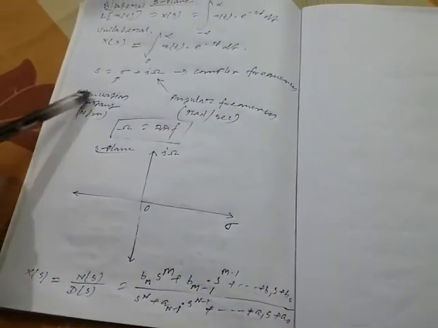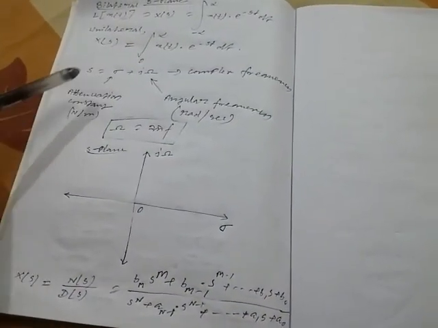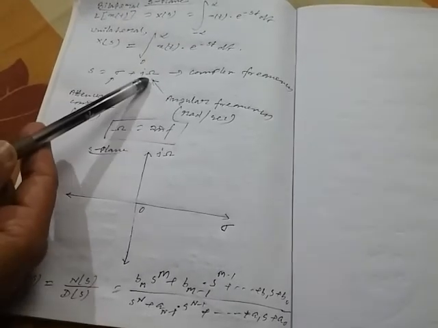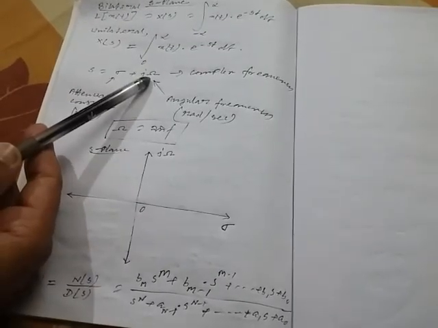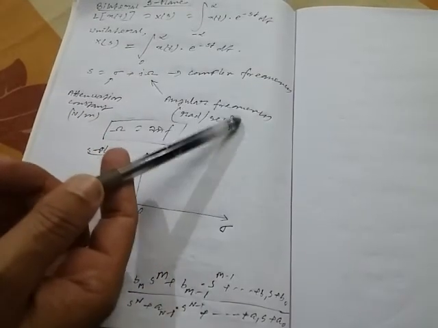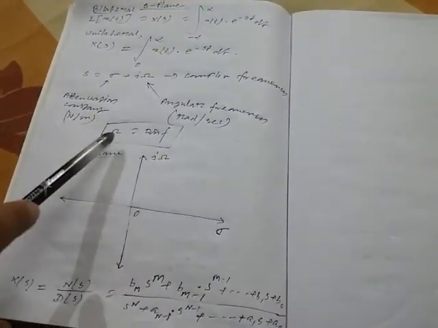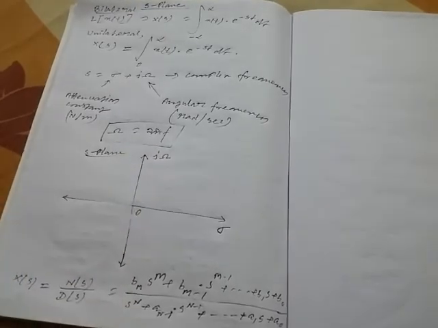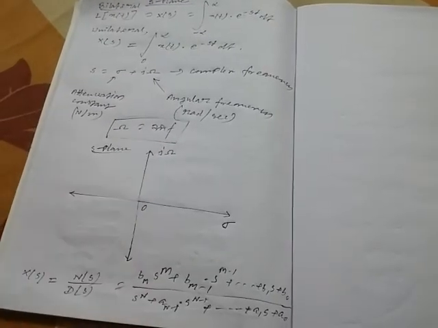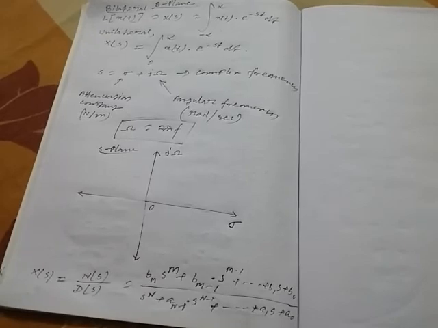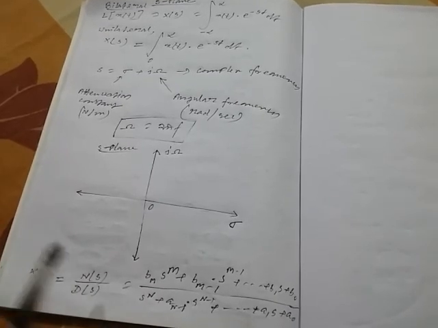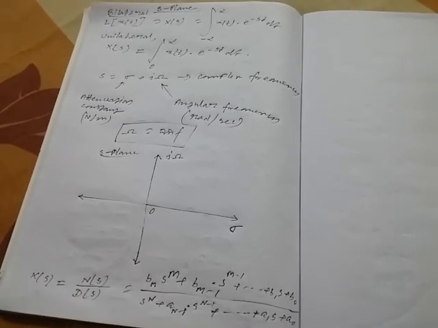We know the name of the real portion is attenuation constant, and the name of the imaginary portion is angular frequency. We also know the relationship between angular frequency and normal frequency f. Again, we know what poles and zeros are.